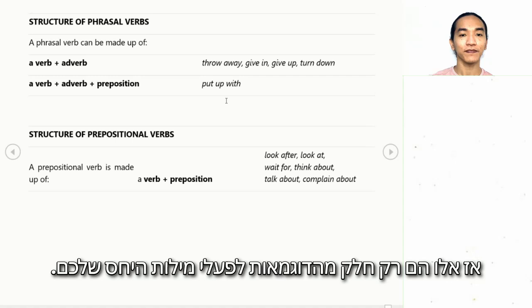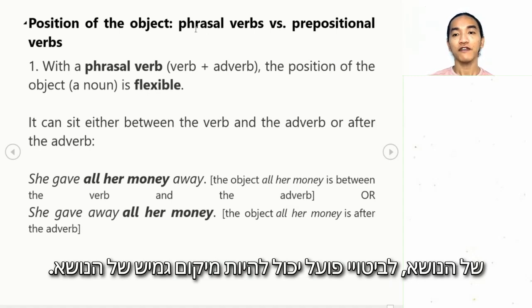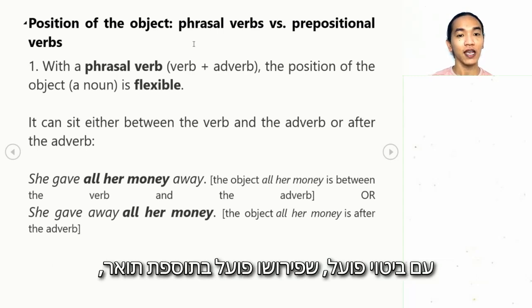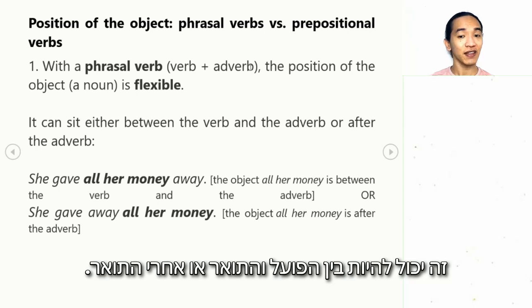Now, in terms of position of the object, phrasal verbs can have a flexible position of the object. With a phrasal verb, which means verb plus an adverb, the position of the object of the verb can be flexible. It can sit either between the verb and the adverb or after the adverb.